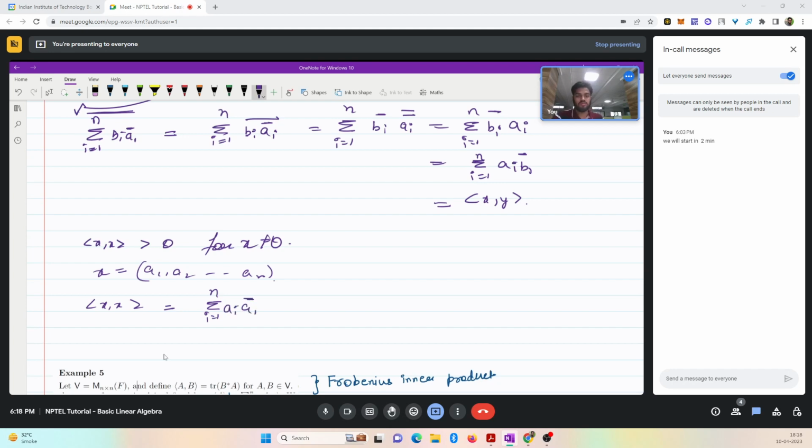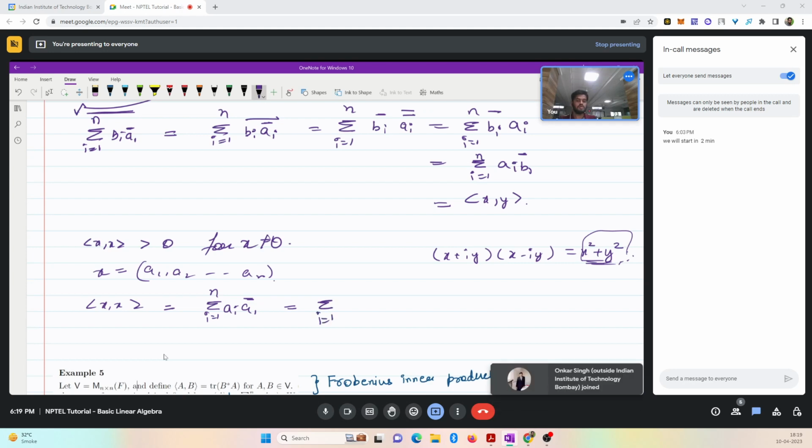So if you take, let's say, x plus iota y and x minus iota y, what do you obtain? The x square plus y square, right? This is what you will obtain. So this is nothing but summation i equals 1 to n of x square.